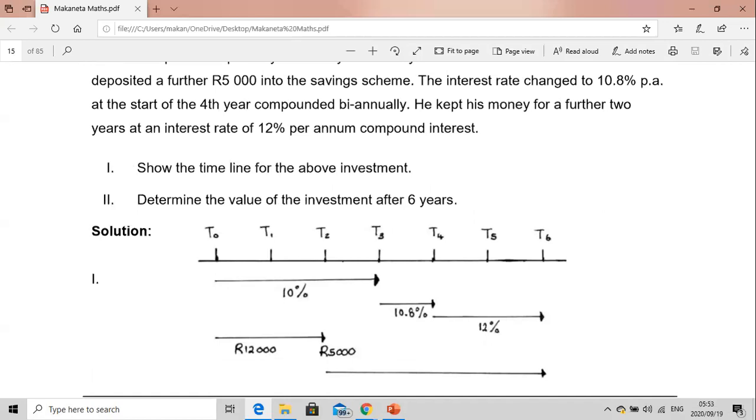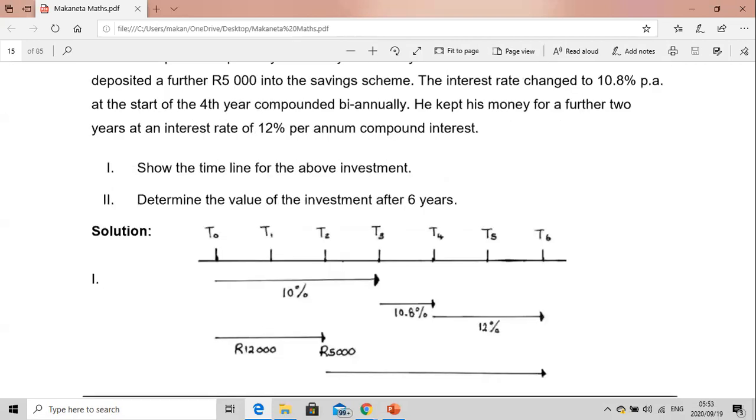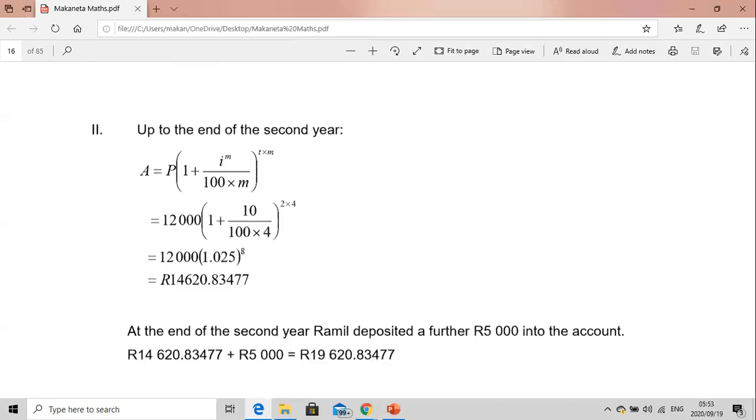You can see that the first investment that was made there was 12% in the second year there. And then in the second year, we had an additional 5,000 rands, which was deposited, as the statement has said. A further 5,000 rands was deposited. So the initial investment was 12,000, but in the process, after 2 years, 5,000 rands was also deposited.